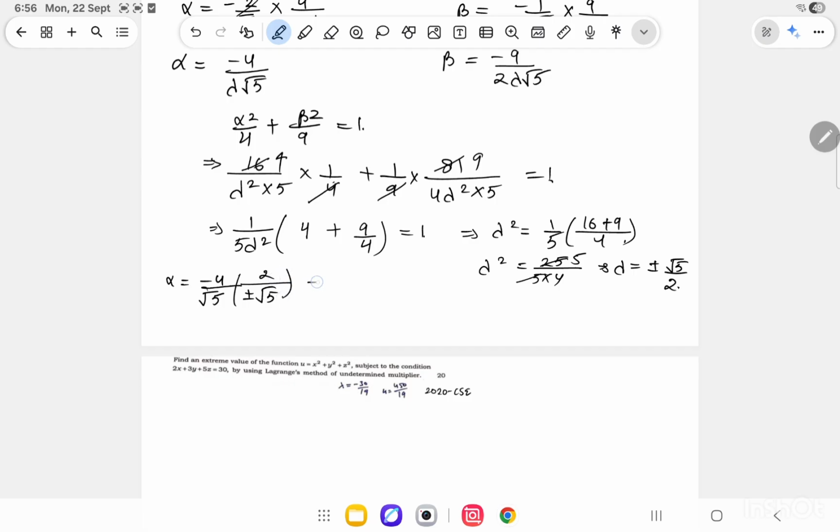That basically gives me alpha as minus plus 4 by 5, and beta as minus 9 by 2 root 5 into lambda, that is plus or minus root 5 by 2. This 2 balances this, so my beta will be minus plus 9 by 5. So I got these two values of alpha and beta.